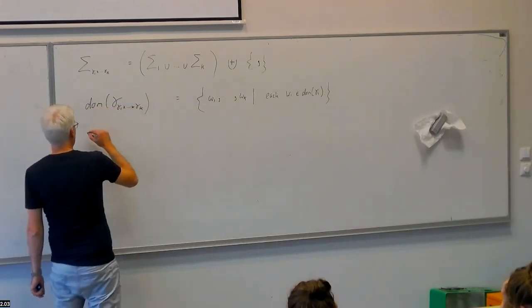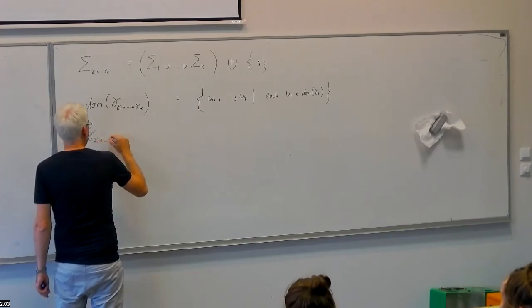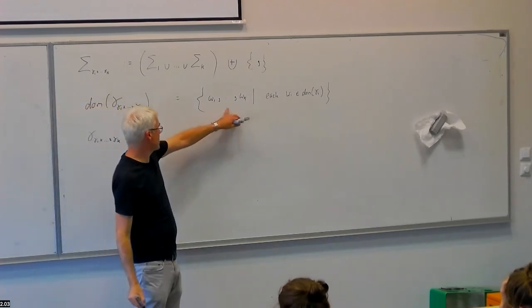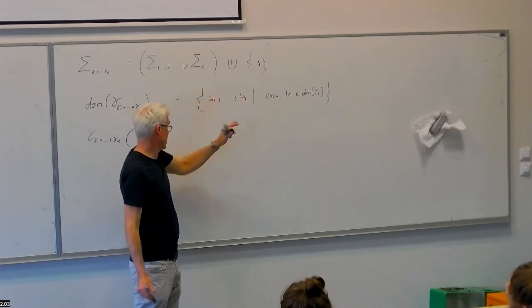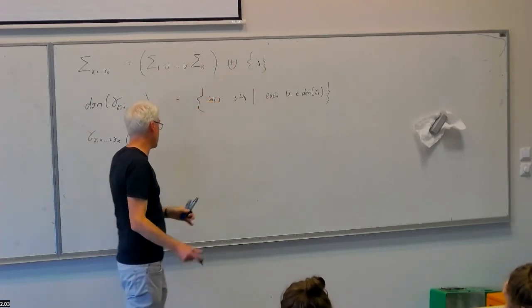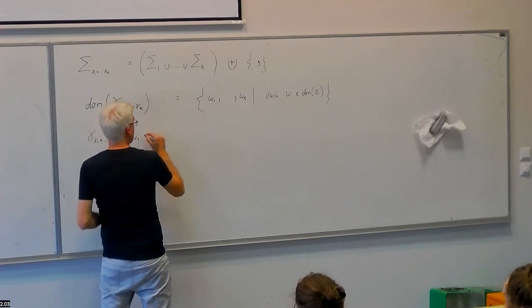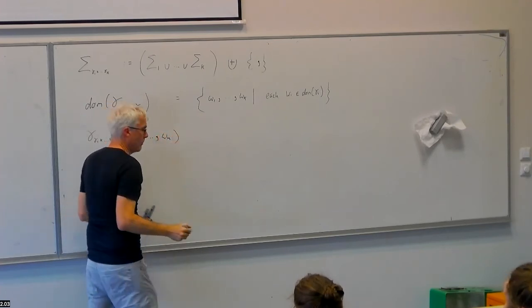And the action of the function gamma 1 through to gamma k. So we need to say how it's defined on any element of its domain. So this is a word over this product alphabet. Words in the domain are always of this form, W1 through to Wk, separated by commas.